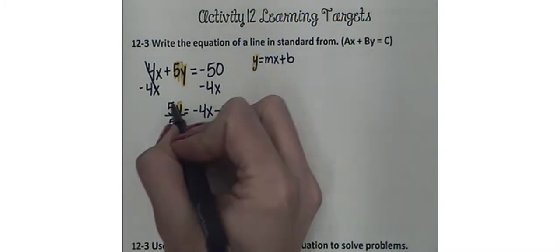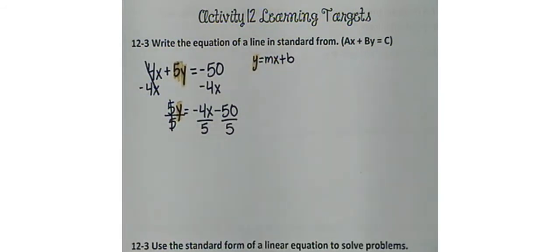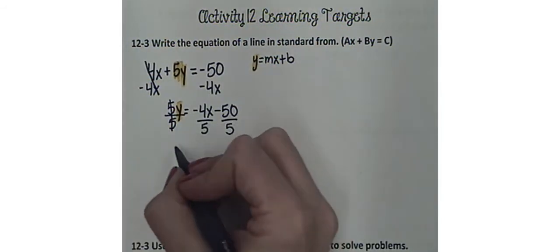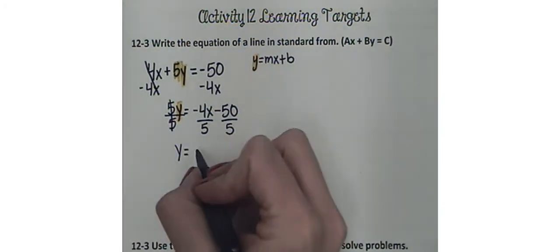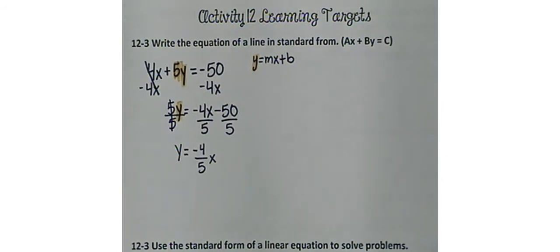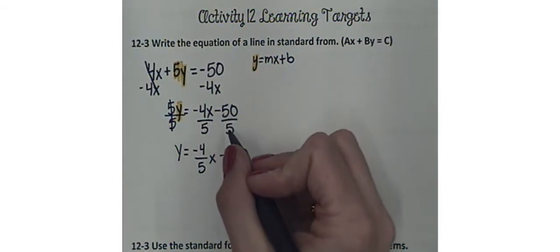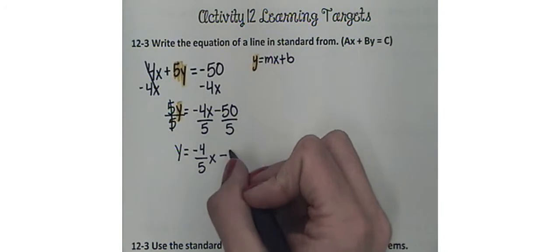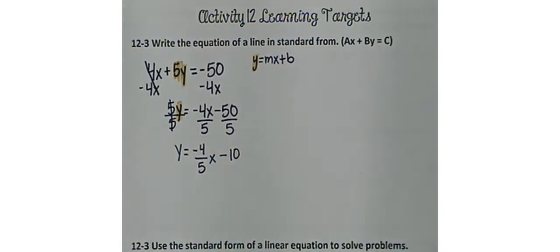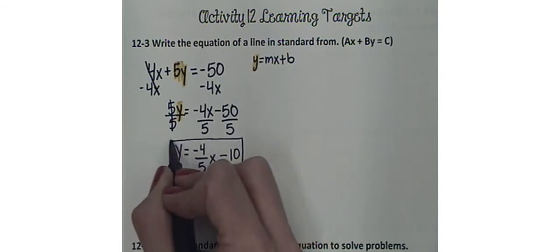That's the opposite of multiplication. So I get y equals negative 4 over 5x, which stays like that, and negative 50 divided by 5 is 10. So this would be my final answer.